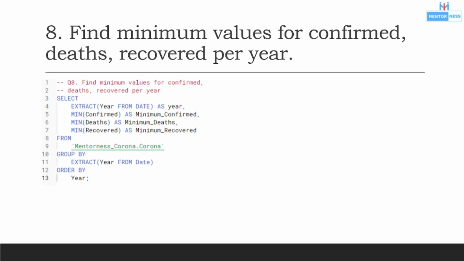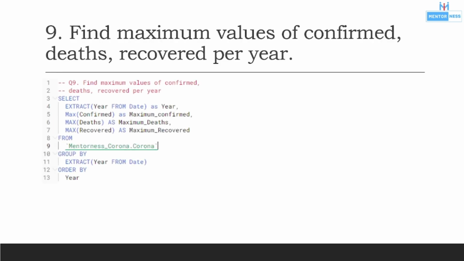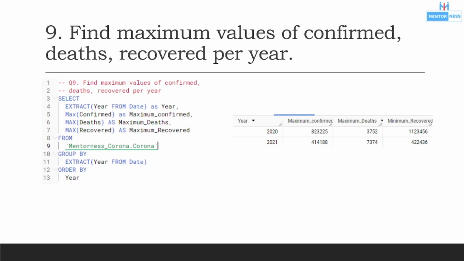The eighth is to find the minimum values for confirmed cases, death cases, and recovered cases per year. So the minimum values are 0 for both. And the ninth one is to find the maximum values of confirmed, deaths, recovered per year. So this is the query and the output.